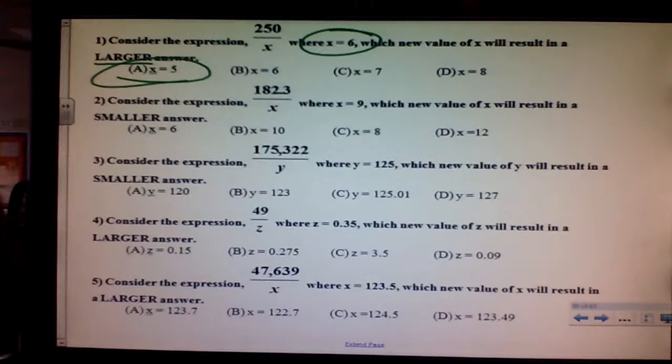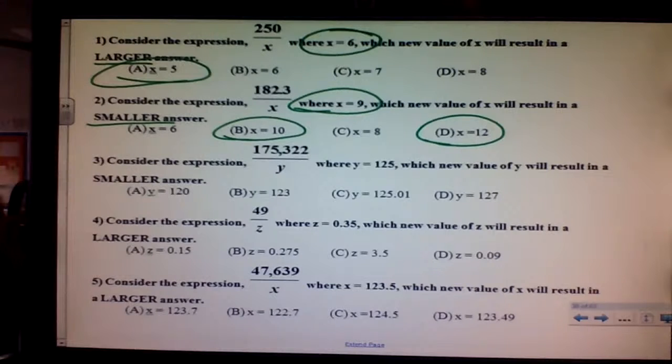Right now in number 2, I'm dividing by 9. I want my answer to go smaller. What else would work? 10. Both of those numbers would give me a smaller answer.